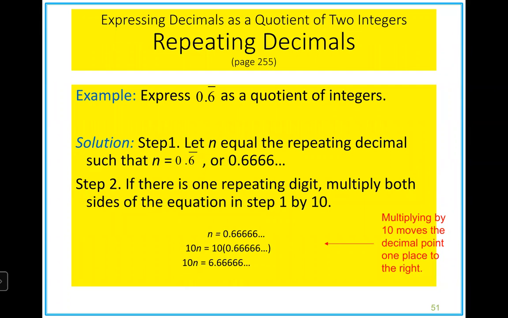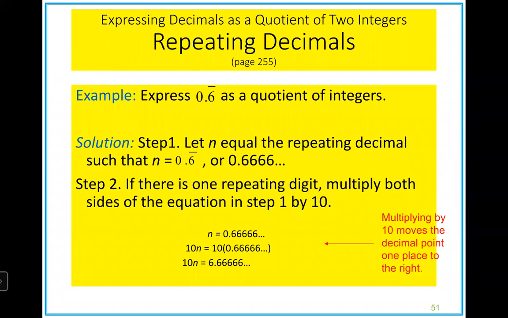In your book on page 255, they gave a method using a little bit of algebra, where you can change a repeating decimal into a quotient of integers, where you have a numerator and a denominator, which is basically fraction form. So let's look at what they have done.